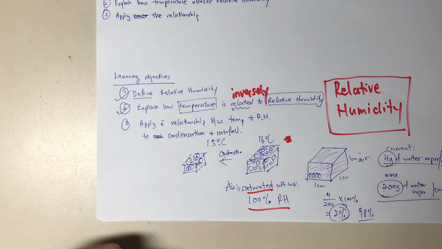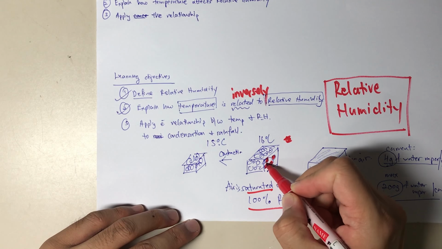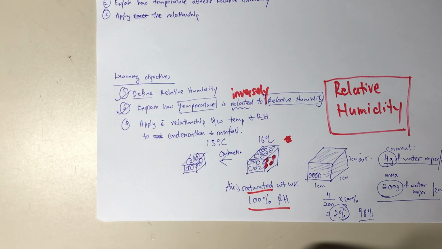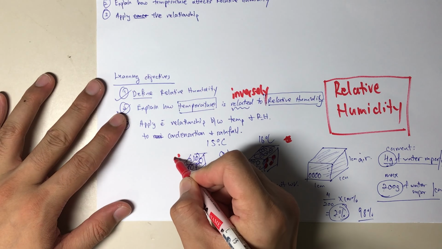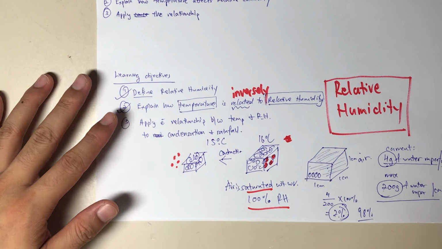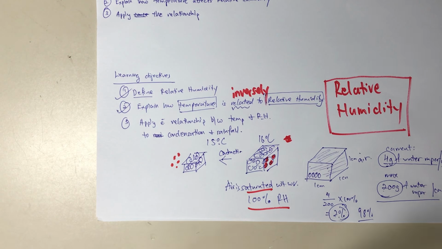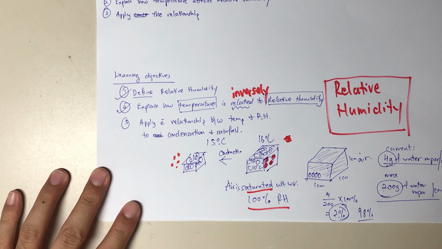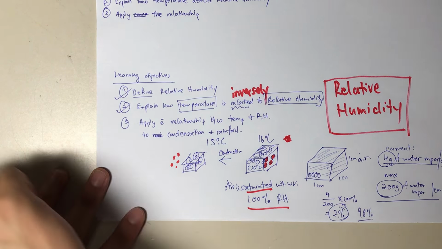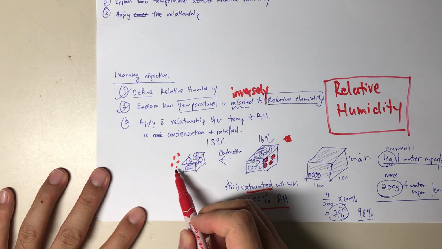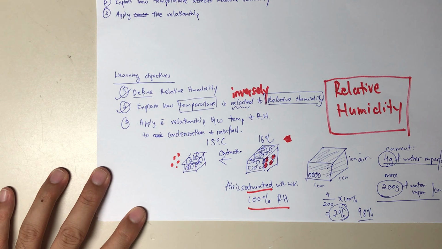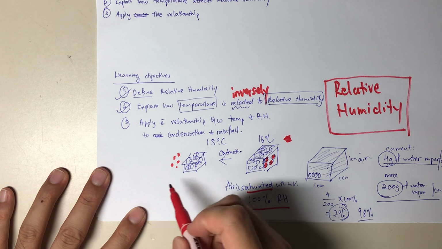Now, what happens is that some of this water vapor will no longer be able to be held in air. They no longer remain in gaseous form. They exit the air, and what you form here as red dots is no longer gaseous water vapor.